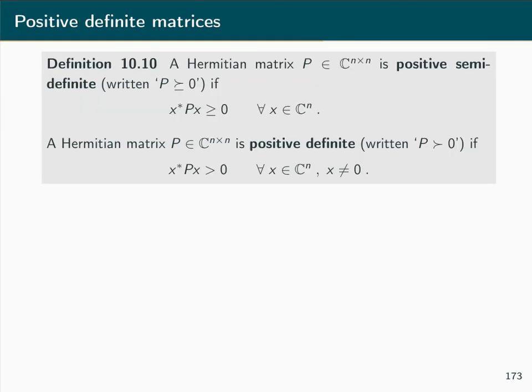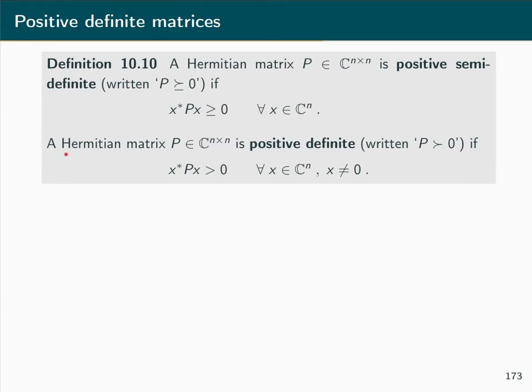An important subclass of Hermitian matrices are so-called positive semi-definite and positive definite matrices, as defined in Definition 10.1. In fact, a Hermitian matrix P is called positive semi-definite, denoted like this, if the following condition is satisfied, namely for any vector x in C^n, we must have that x star Px is non-negative.